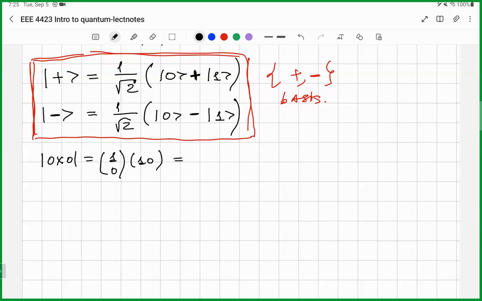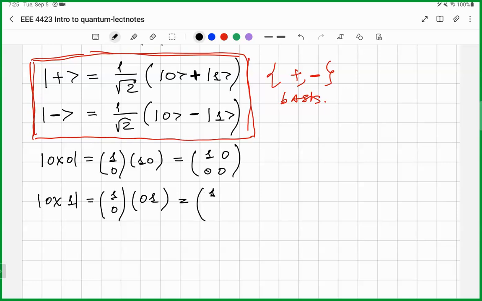The outer product of two vectors is given by 1, 0, 0, 0. And vector 0, 1 is equal to 1, 0 times 0, 1, which is 0, 1, 0, 0. Okay.